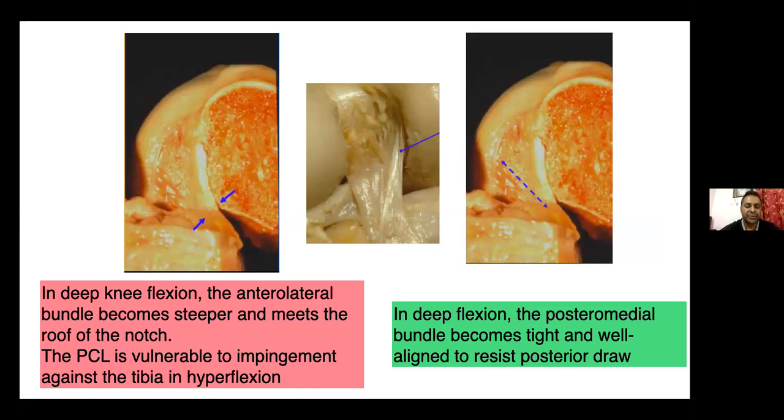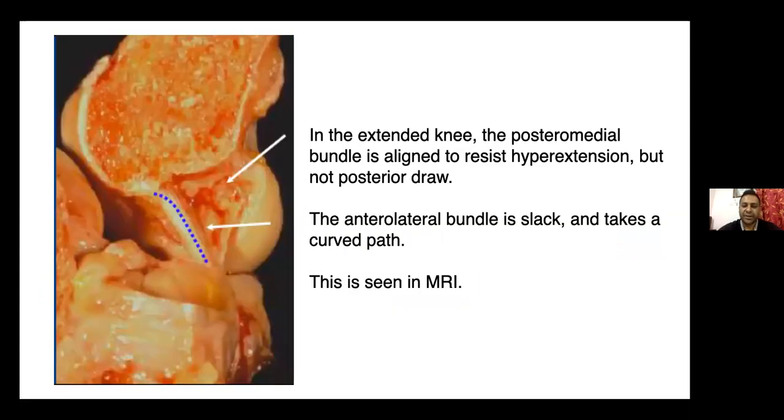Here, the PCL is vulnerable to impingement against the tibia in hyperflexion, whereas the posteromedial bundle becomes tight and well aligned to resist posterior draw in deep flexion. In the extended knee, the posteromedial bundle is aligned to resist hyperextension but not posterior draw. Here, the anterolateral bundle is slack and takes a curved path, which can be seen in the MRI.